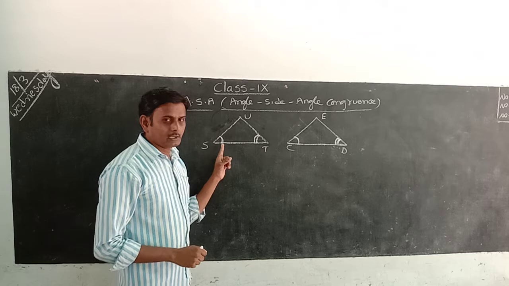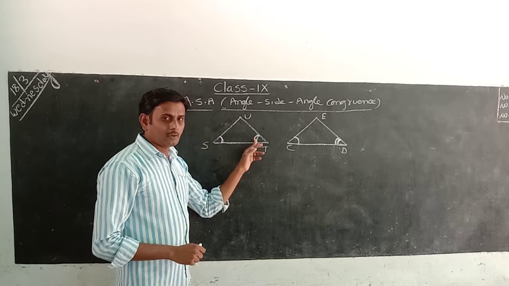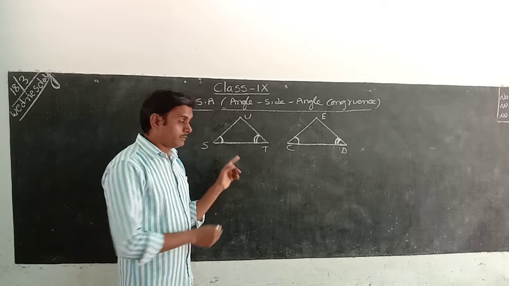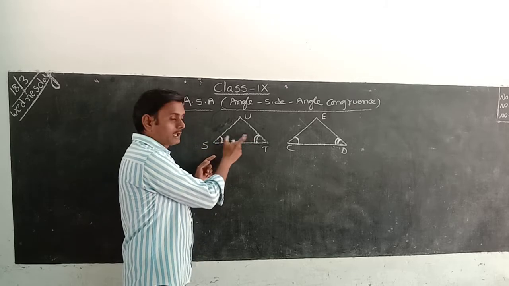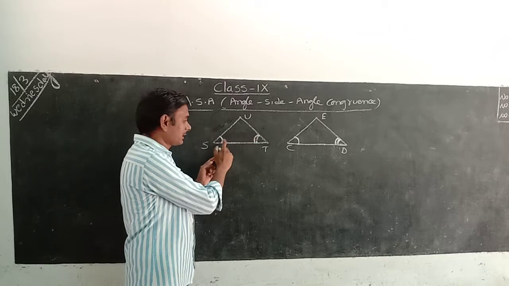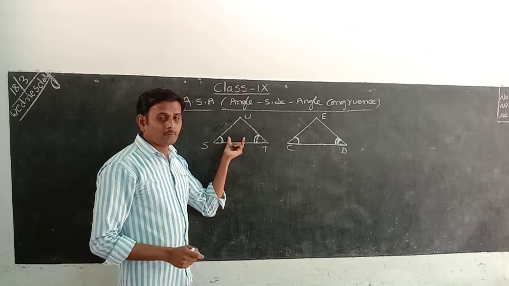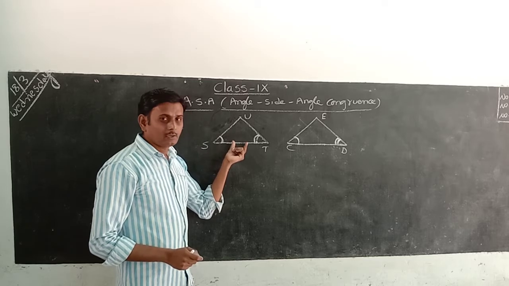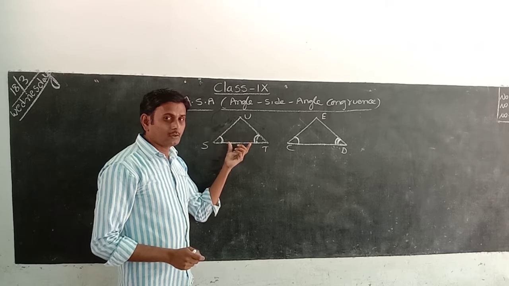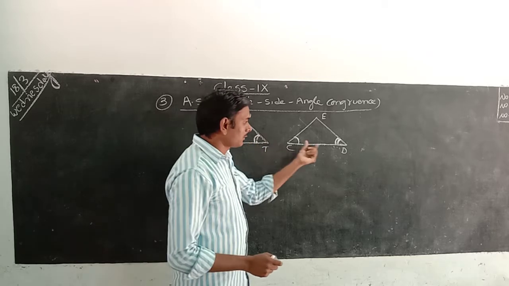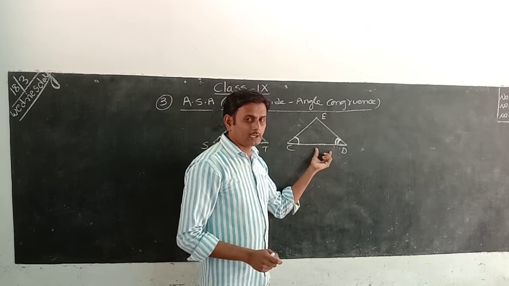What is the criteria here? Two angles of a triangle along with the side. Along with means the side should touch those two angles. Two angles along with the side is equal to the two angles along with the side of another triangle.